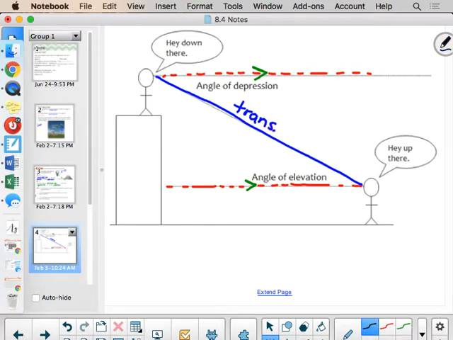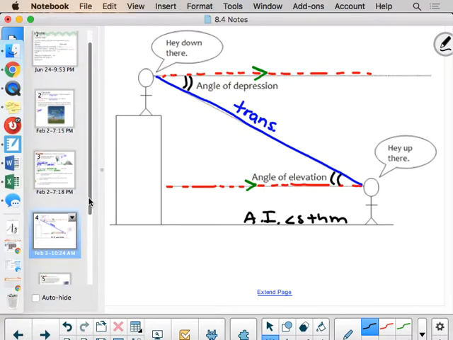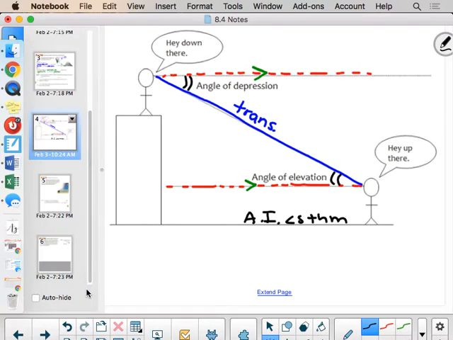So I want you to recognize that actually your angle of depression and your angle of elevation are alternate interior angles. And because they are alternate interior angles and they are created by a pair of parallel lines, by the alternate interior angles theorem, the angles are congruent to one another. So when you are creating the diagrams for our problems coming up, just recognize that you can always simply put the angle of depression where the angle of elevation is located.